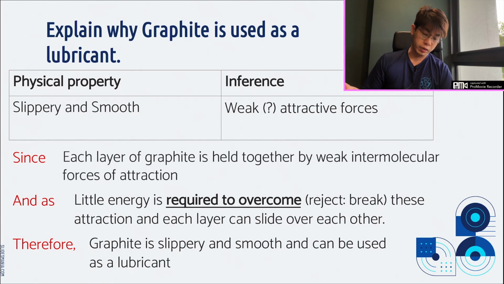So what are these forces of attraction? Since each layer of graphite is held together by a weak intermolecular force of attraction, little energy is required to overcome this attraction, and each layer can slide over one another. Therefore, graphite is slippery and smooth and can be used as a lubricant.